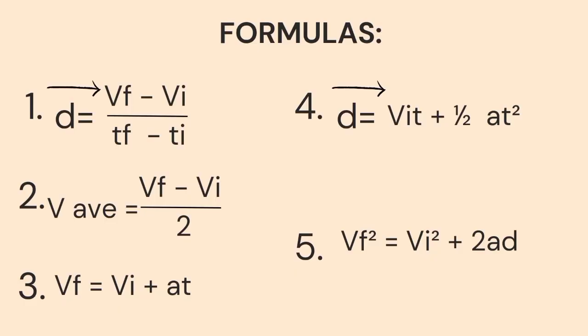The different formulas are: displacement is equal to final velocity minus initial velocity; average velocity is equal to initial velocity plus final velocity over 2; final velocity is equal to initial velocity plus acceleration times time; displacement is equal to initial velocity times time plus 1/2 times acceleration times time squared; and final velocity squared is equal to initial velocity squared plus 2 times acceleration times displacement.